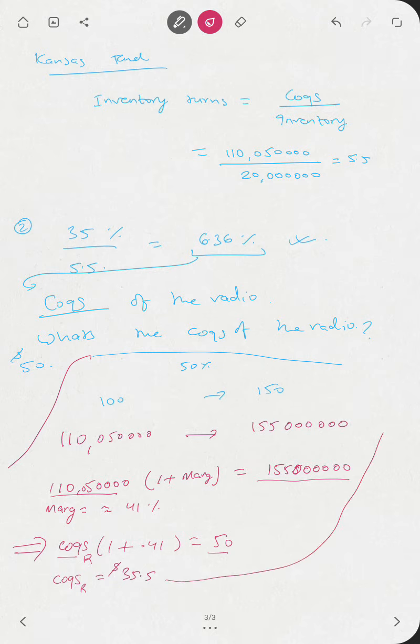It is this 35.5, or the 6.36% of this 35.5. If you calculate this, 6.36% of 35.5, you'll get the answer to be $2.26. To calculate this cost, there's a slightly easier way to do it. The concept comes from your knowledge of fractions.